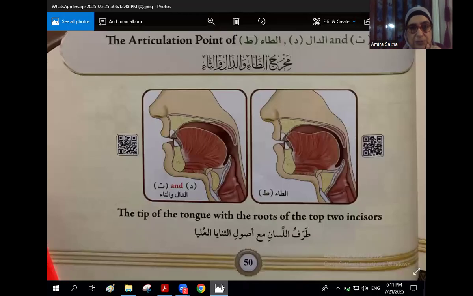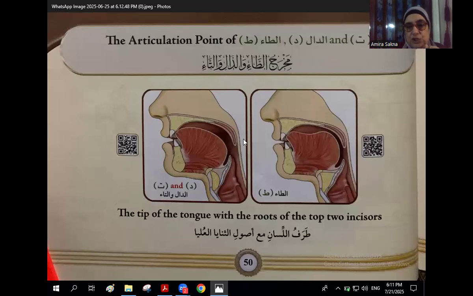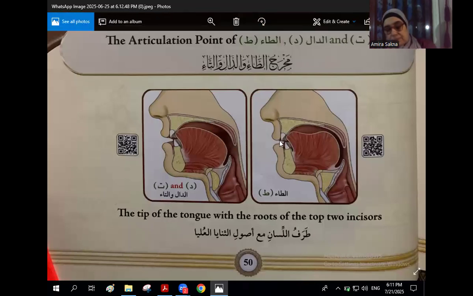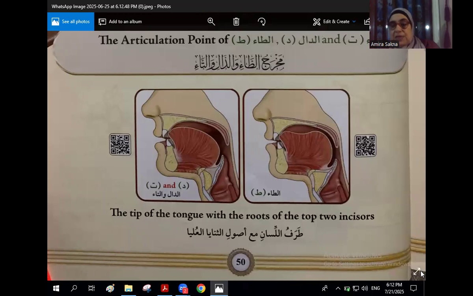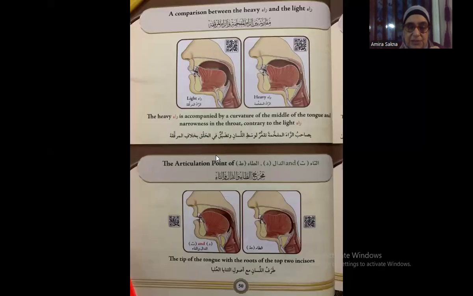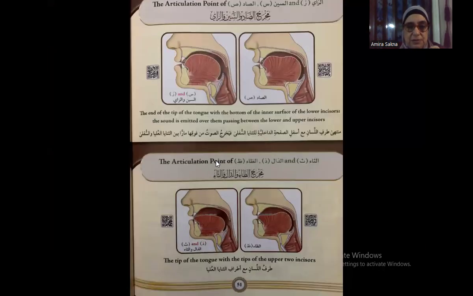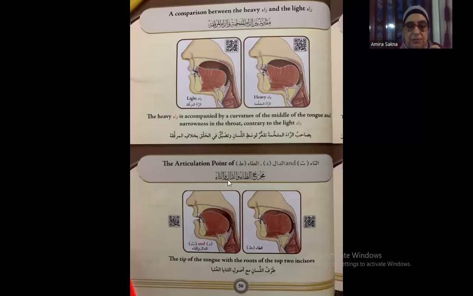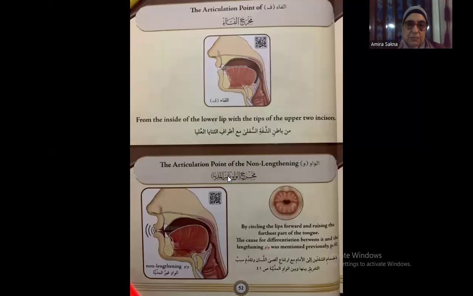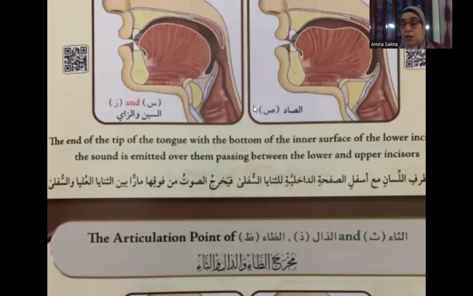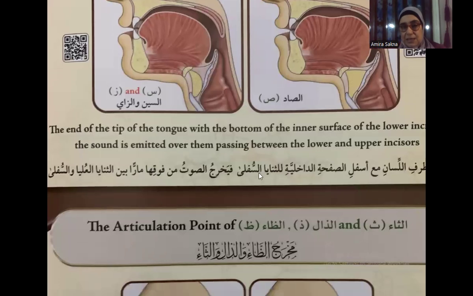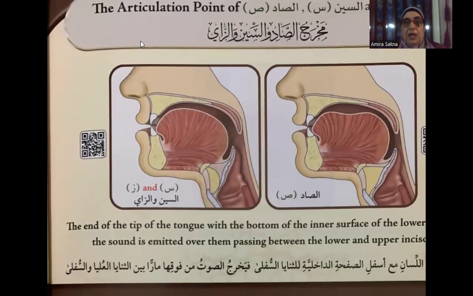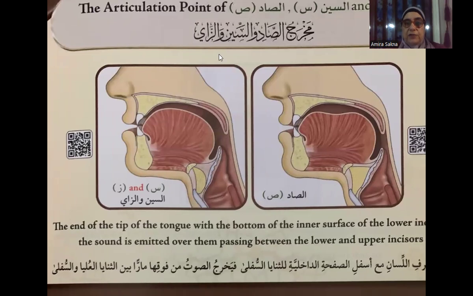We will go to the next family. Sad, Sin, and Zai. The articulation point of Sad, Sin, and Zai is the same as the last family.